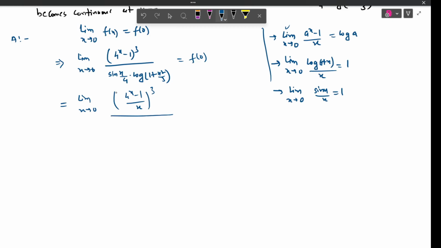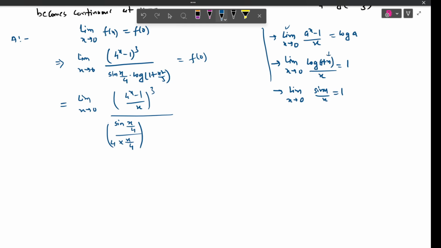In the denominator we have sine of x by 4, so we need x by 4 there. We have taken 4 extra, so we have to multiply by 4, and this log of 1 plus x by x.